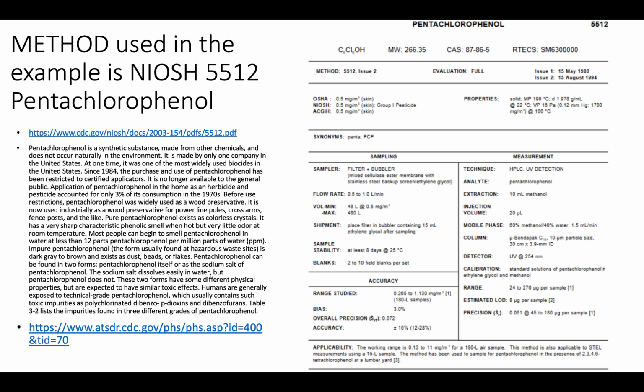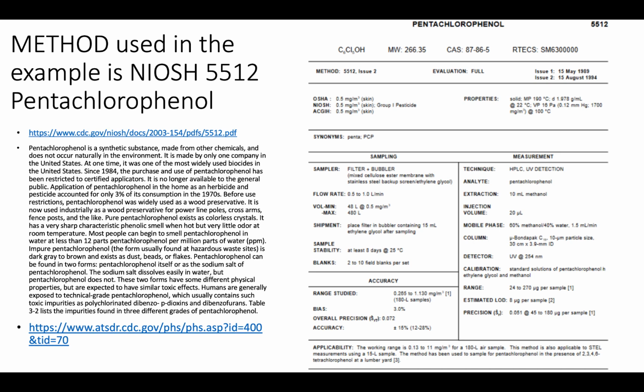And as you know, these are now pretty well regulated. It's also found in wood products used as a preservative. So it does even have a skin notation associated with it, which I thought was interesting.